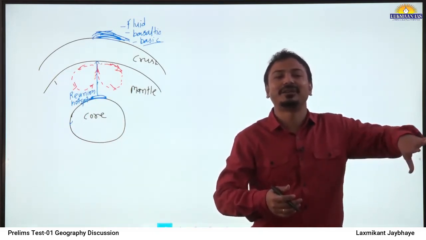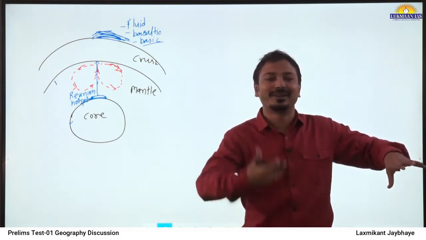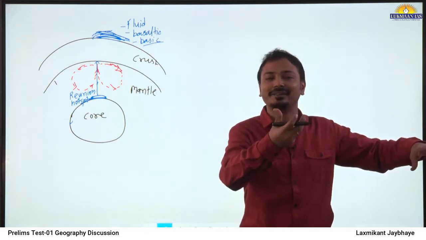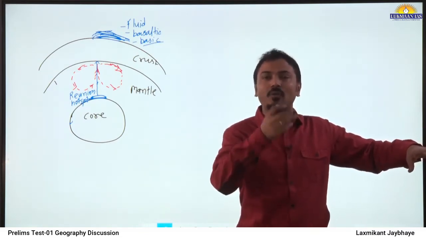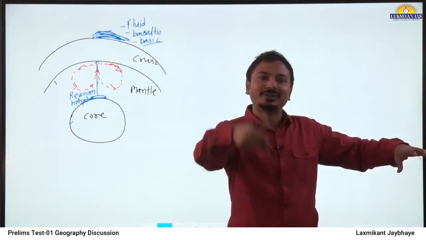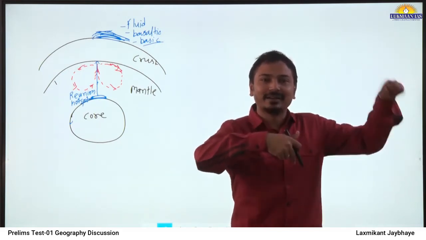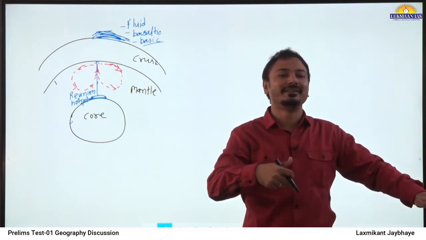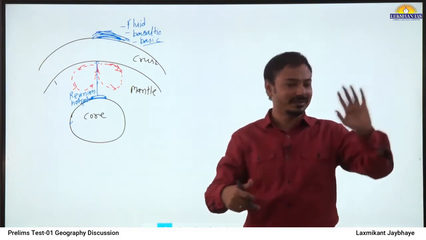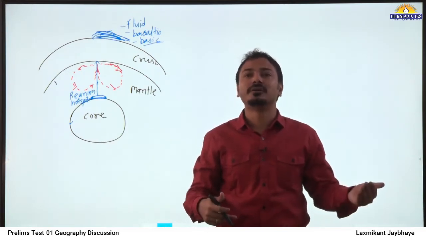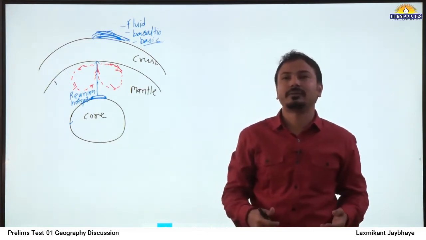The plate shifts and again a new volcanic island is formed. Once a volcanic island is formed, exogenic forces, weathering and erosion, start acting and their height starts decreasing. Some of them also get submerged, becoming oceanic islands. This is what we observe during hotspot volcanism.